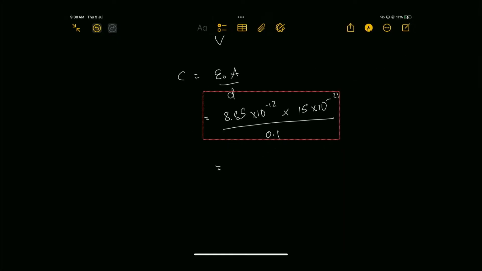Right, so you could substitute this into your calculator. Let's just simplify it: 8.85 by 10 to the negative 12 times 15 by 10 to the negative 4 over 0.1, and the unit is farads, right? So you could put that in your calculator and you will get a result.